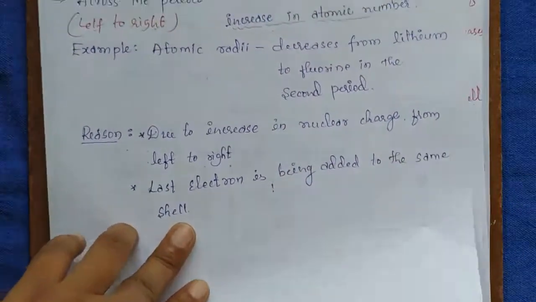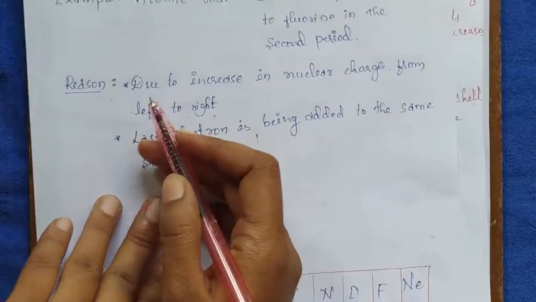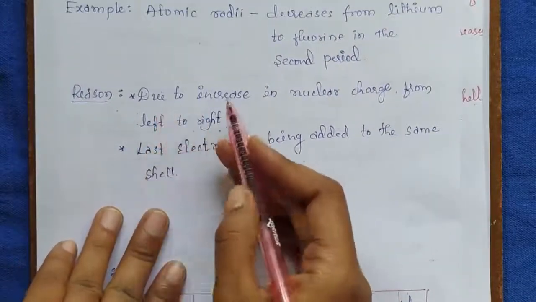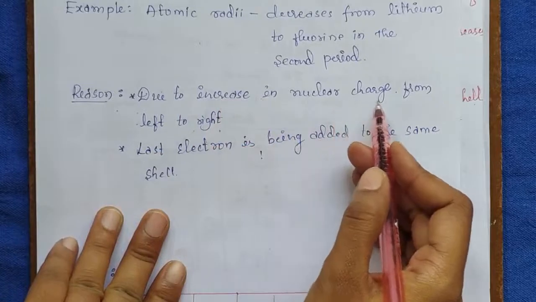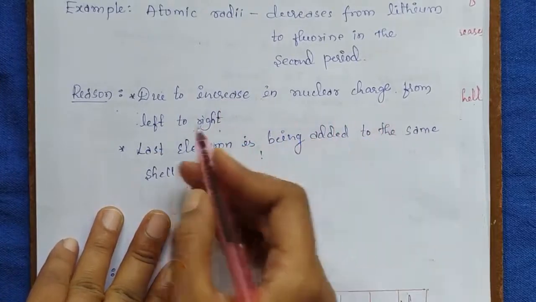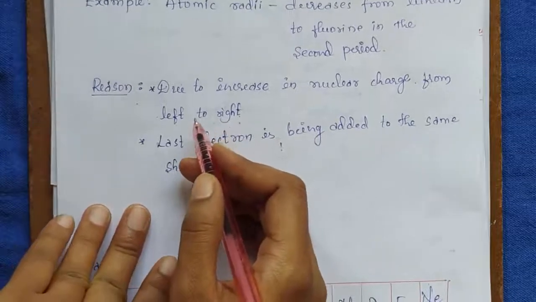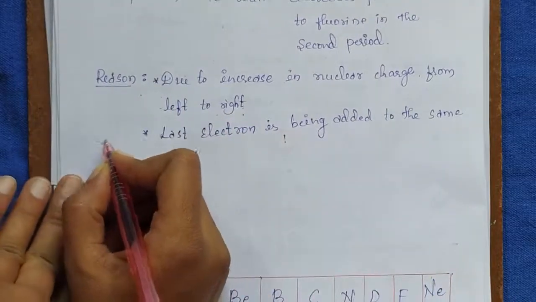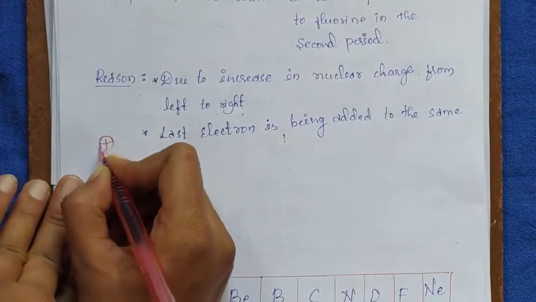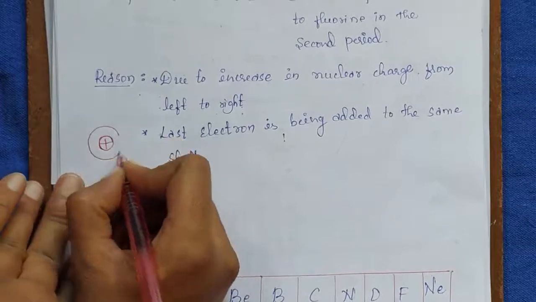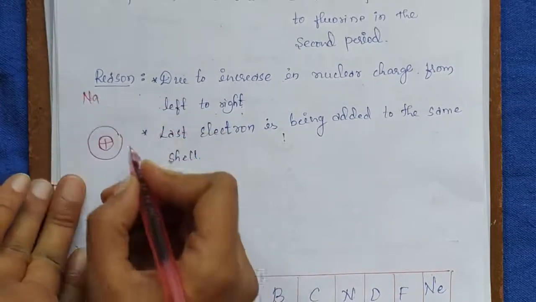This is due to the increase in nuclear charge from left to right. Here is one more term, nuclear charge. Nuclear charge means that at the center the nucleus is present. Again I will take a sodium atom.